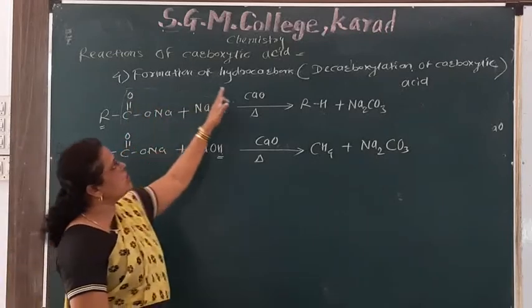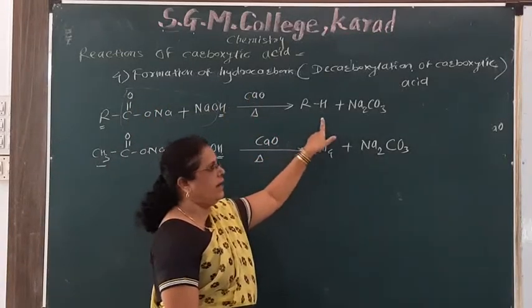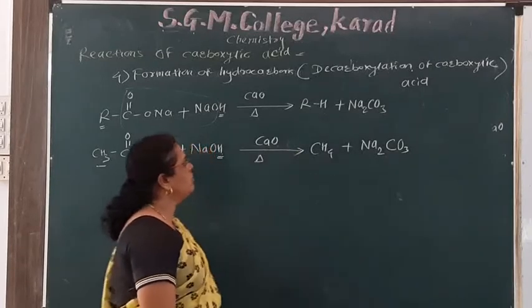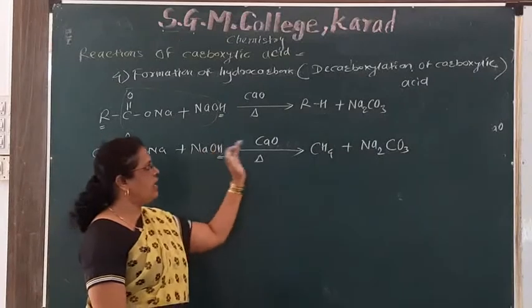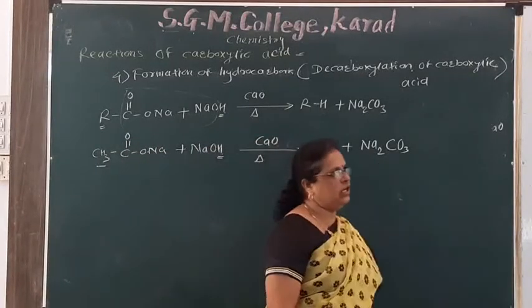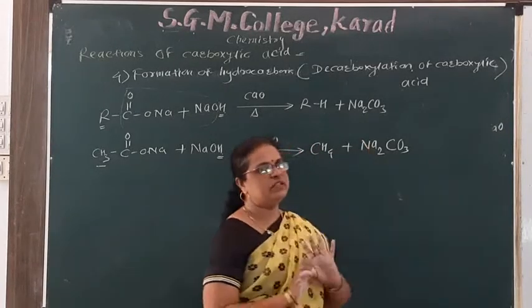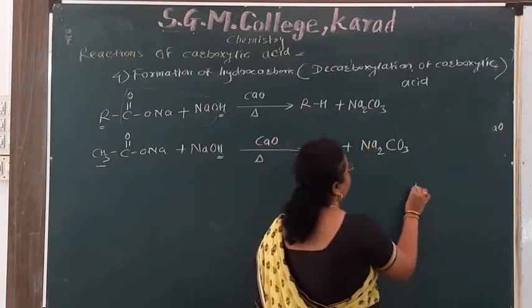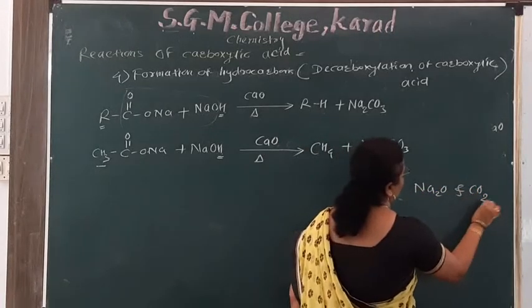This is the formation of a hydrocarbon, like methane. When sodium acetate is heated with soda lime, we get methane and Na2CO3. At high temperature, this Na2CO3 splits and we get Na2O and CO2.